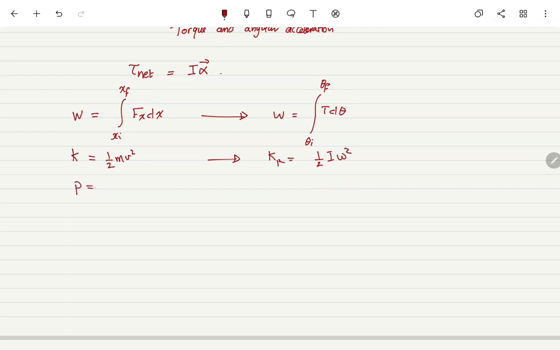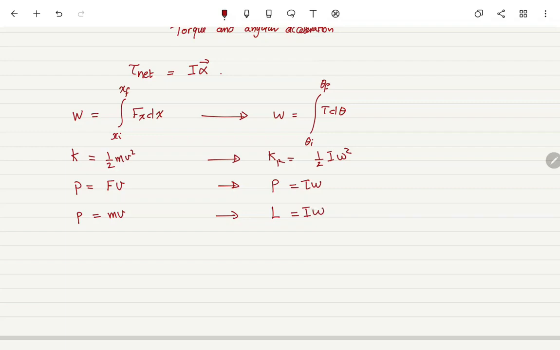The power in linear motion is defined as F dot v, and the power in rotational motion is defined as tau omega. The linear momentum p is defined as m v, and the angular momentum in rotational motion, L, is equal to I omega.